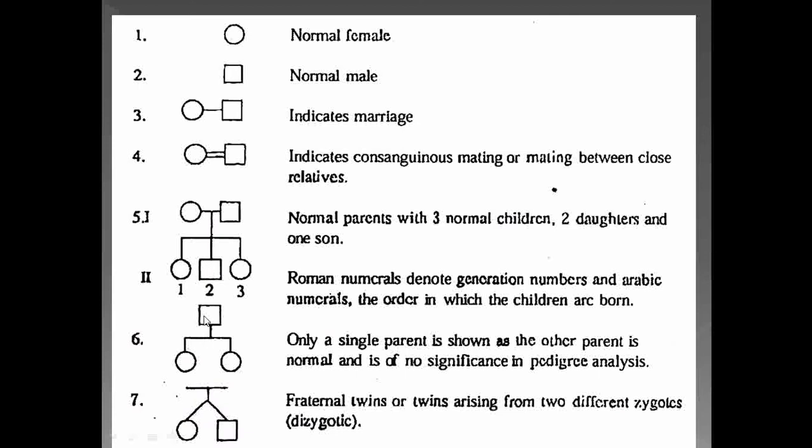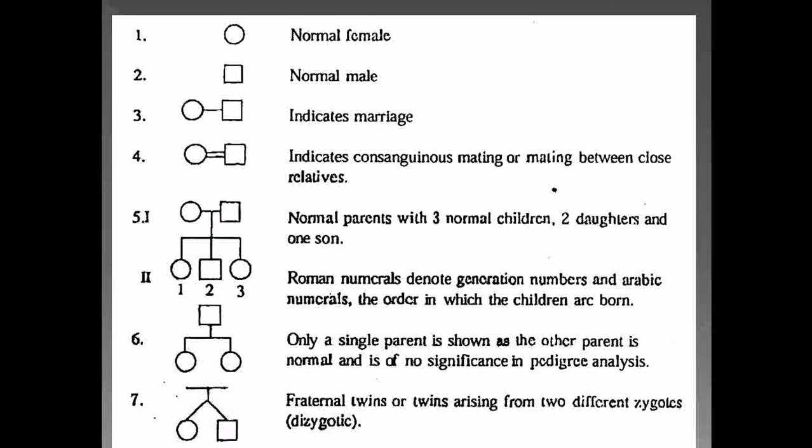Then the symbol, just like the square, which further bifurcates into two females. But here, this is a single parent.